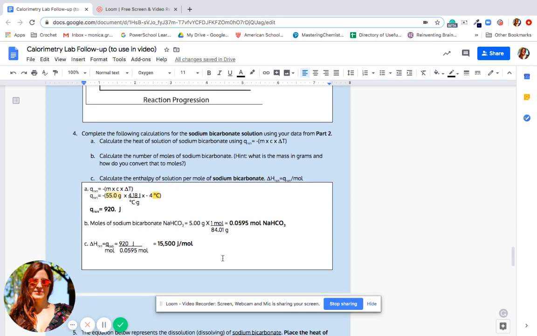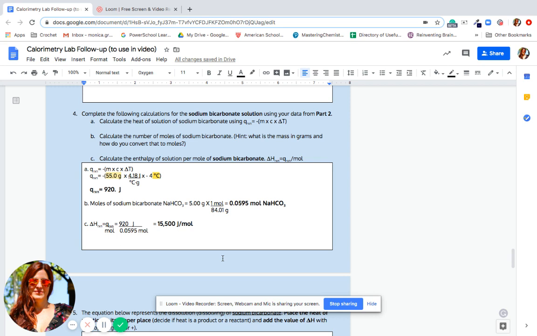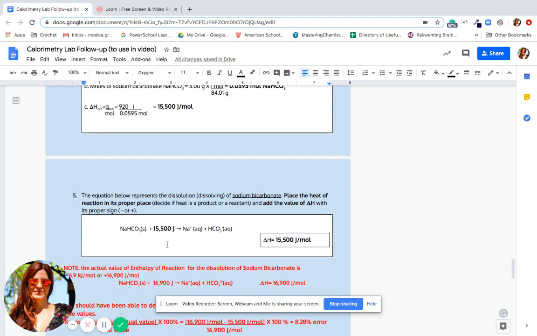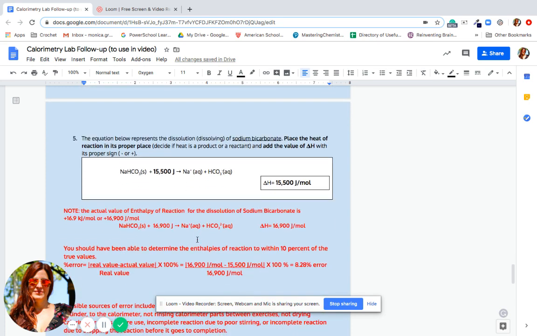So then I went over now the calculations for the sodium bicarbonate. I'm going to add this document so that you can access it and you can check it later with detail. So I did the calculations again, the representation again.